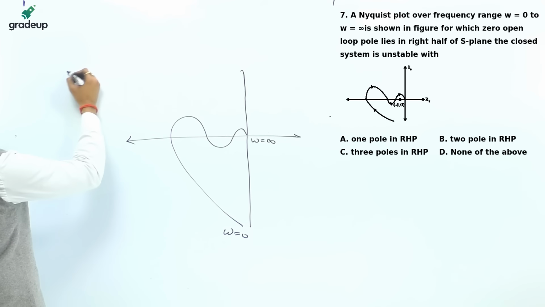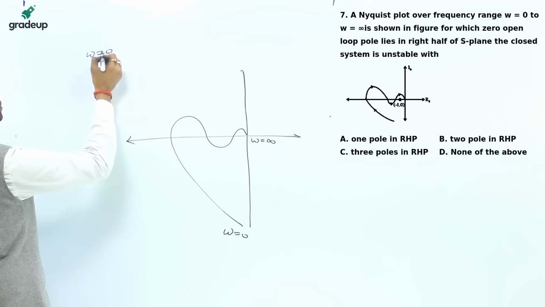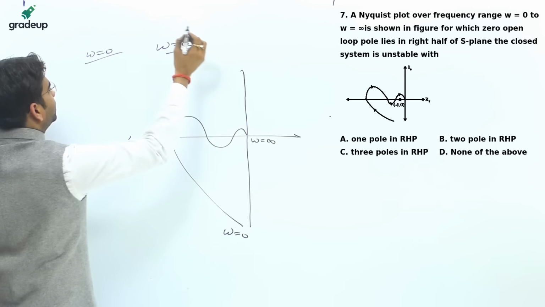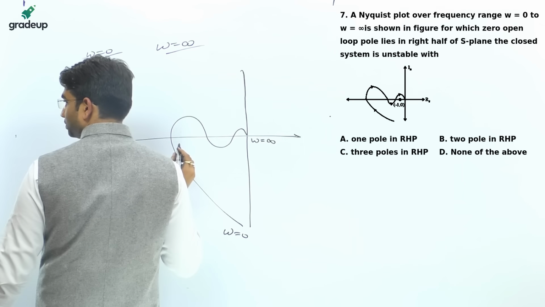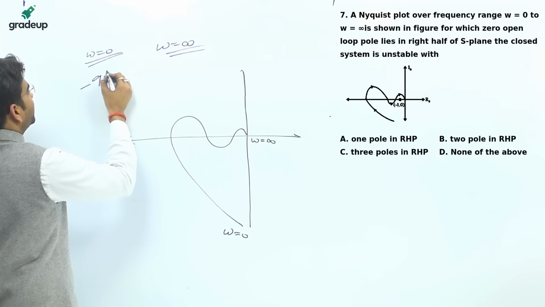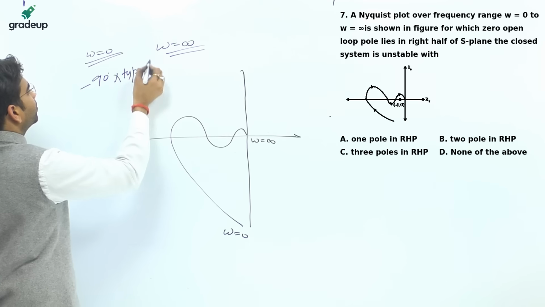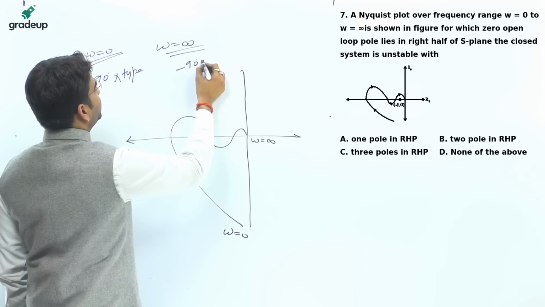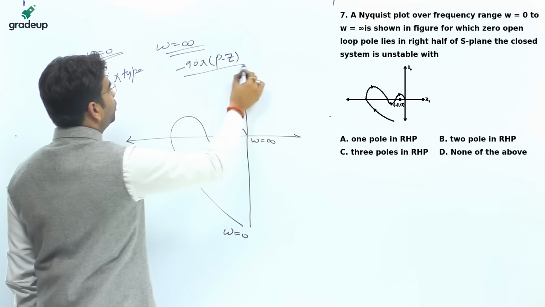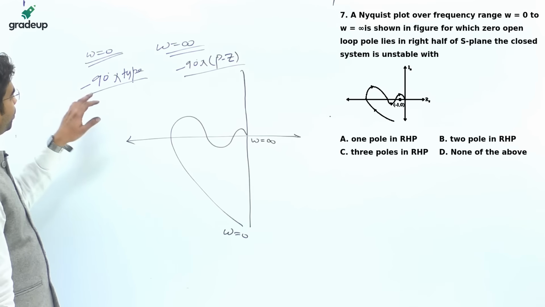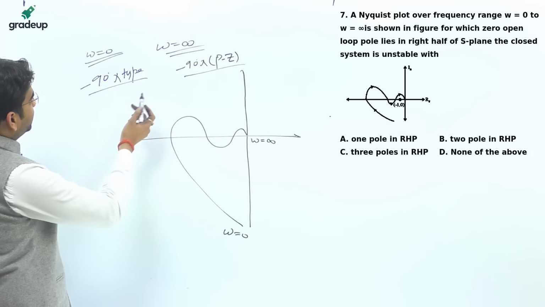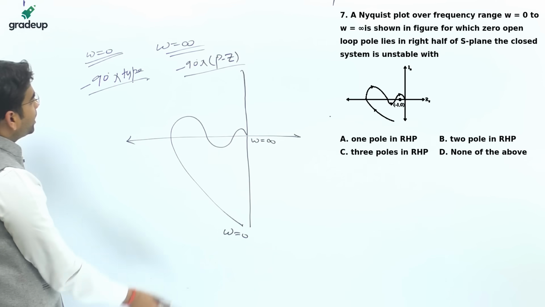The polar plot starts from omega equals 0. From omega equals 0 to omega equals infinity, the phase will be minus 90 degrees into (type) to minus 90 degrees into (P minus Z), where P is the number of open loop poles and Z is the number of open loop zeros. So by seeing the polar plot itself, you can very easily check that the type of the system is 1.